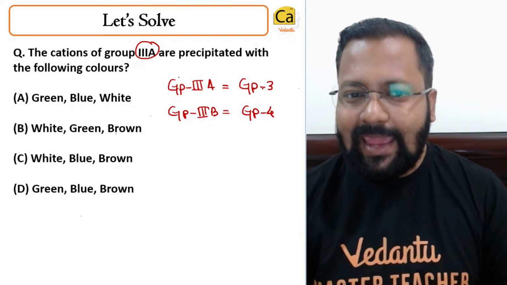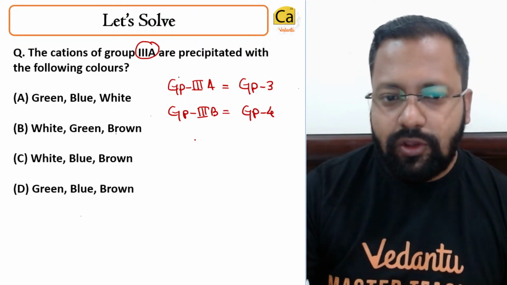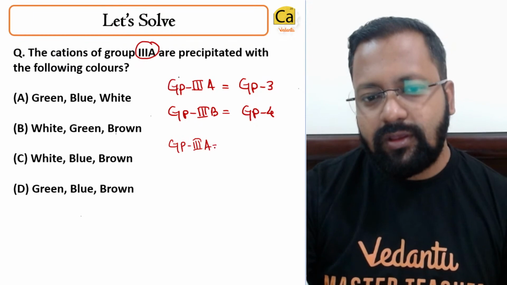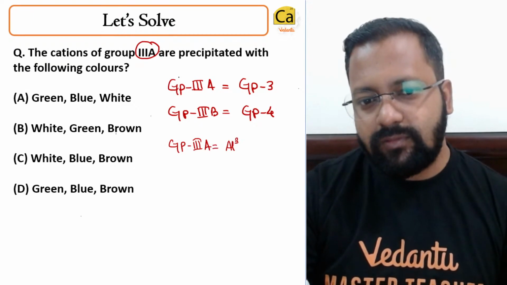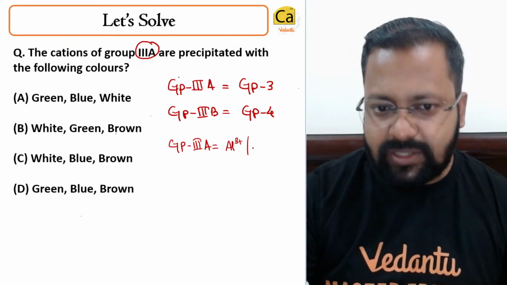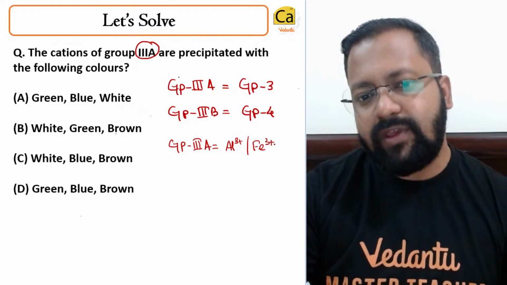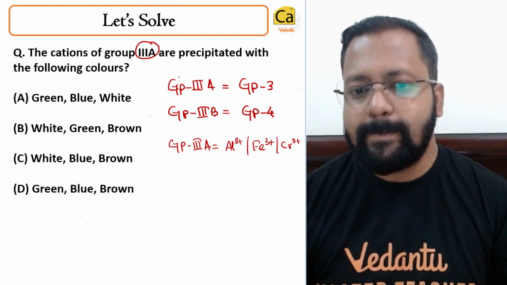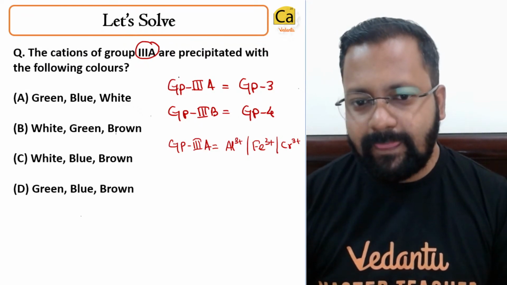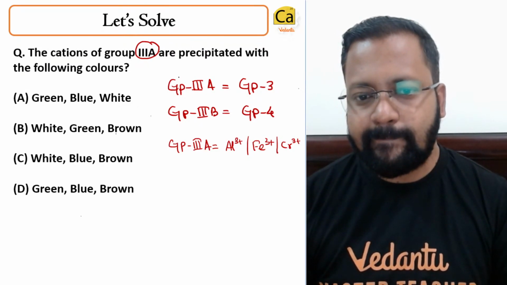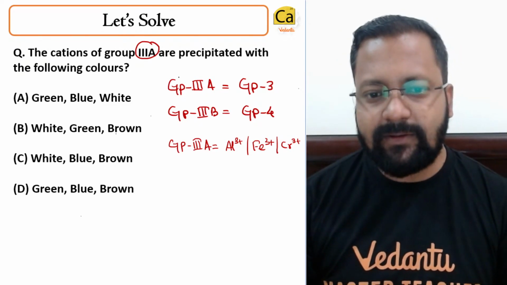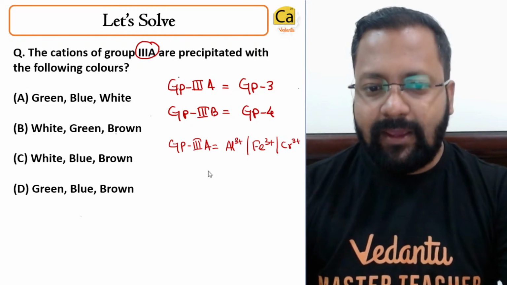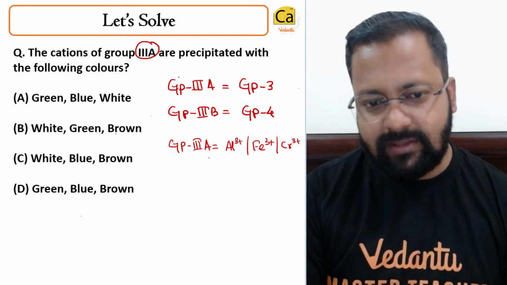Now group 3a contains which cations? Group 3a contains aluminium, all cations in +3 oxidation state, Fe3 plus and Cr3 plus. Is that clear? There are 3 different cations.